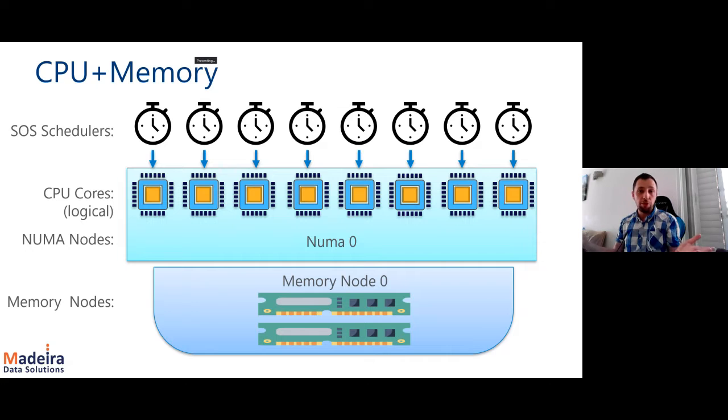There are different types of architecture, different ways to distribute your logical cores across NUMA nodes, and different ways to distribute memory nodes, and it all depends on the hardware and also the logical way.